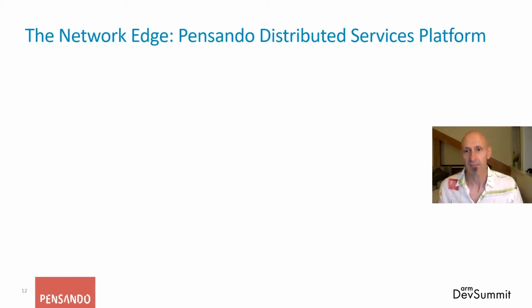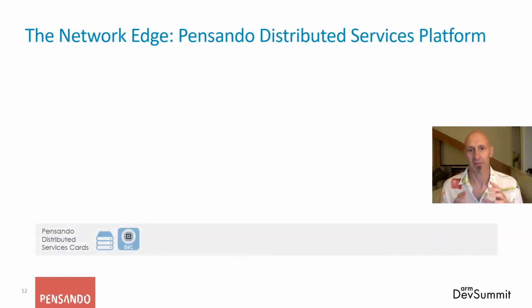Pensando has developed a distributed services platform to implement services in data centers at the network edge, so at the edge between the network and the host, addressing the challenges that we have just described. This platform is centered around a component, a card that is installed in hosts, called the Distributed Services Card, or DSC.